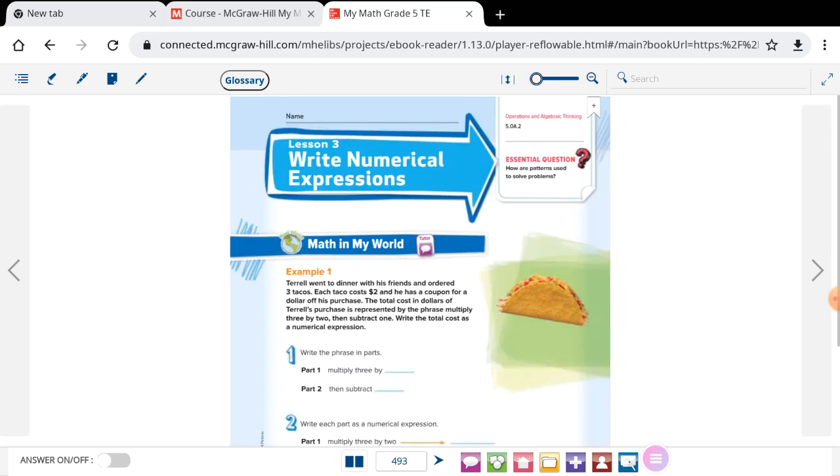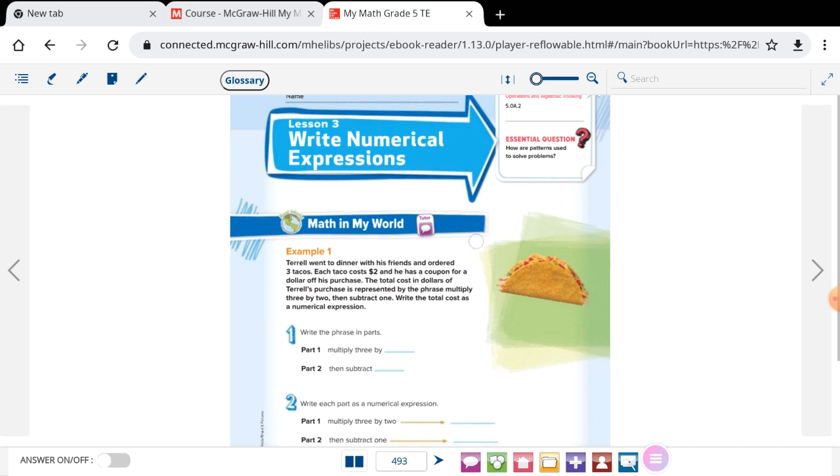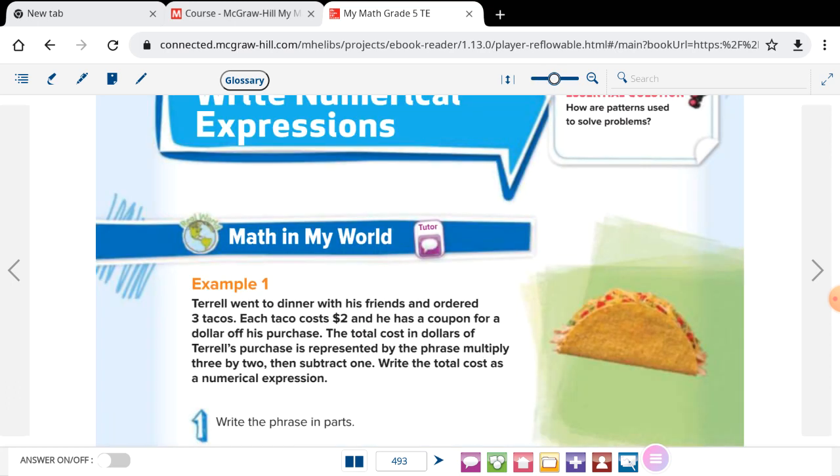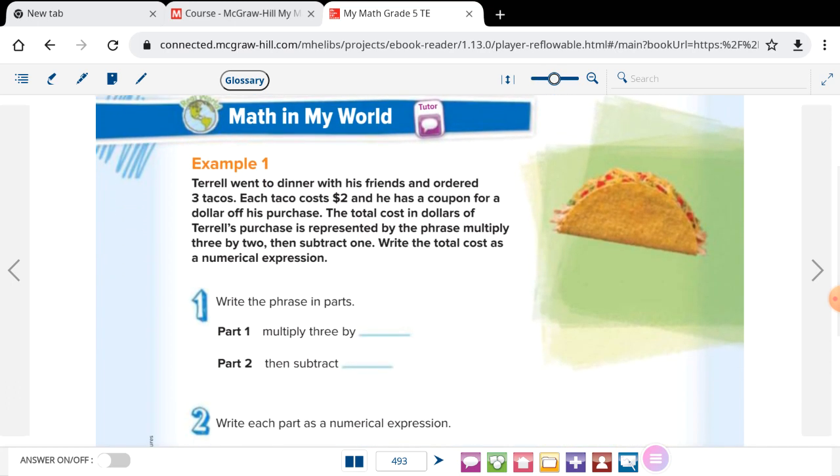These will mostly be expressions that are more than just one operation. So it would be like 4 times 9 plus 2 or something like that, okay? So let's look at example 1 on page 493. It says, Terrell went to dinner with his friends and ordered 3 tacos.